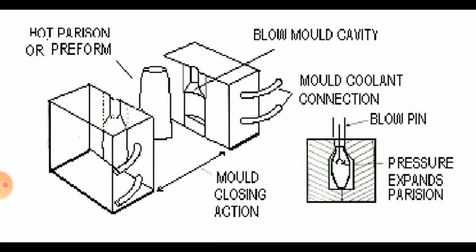This is a three-dimensional diagram that is shown. You can see the two halves of the mold cavity shown on either side, and in the middle you can see there is a hot parison or preform that is placed.